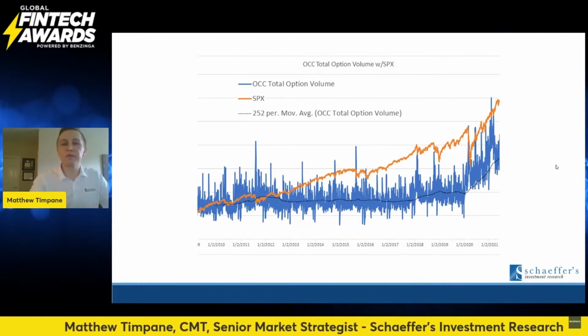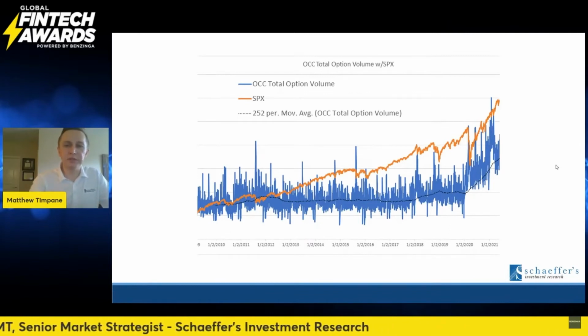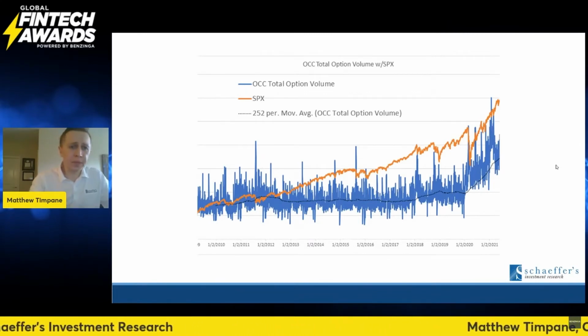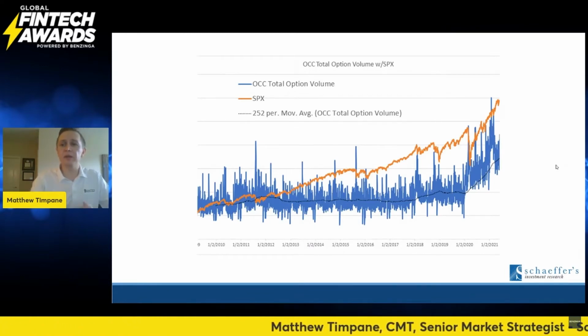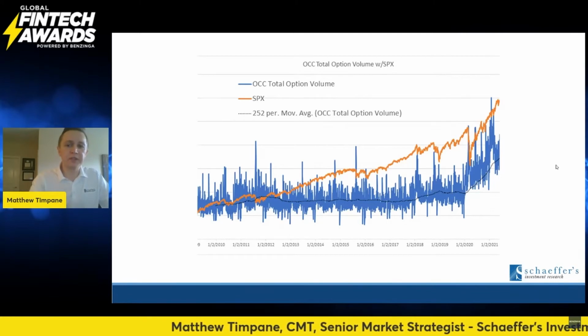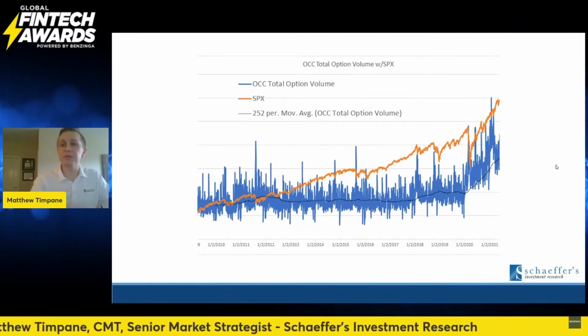Nothing wrong with using advisors, but I do think there is a shift to a lot more investors doing it themselves, and it's totally able to be done. All you have to do is take the opportunity to learn the markets, and you can really do it yourself. This is one of the biggest reasons why I joined Schaeffer's Investment Research, to help the retail investors do it themselves.